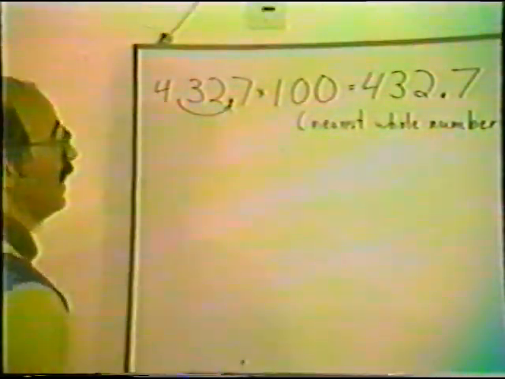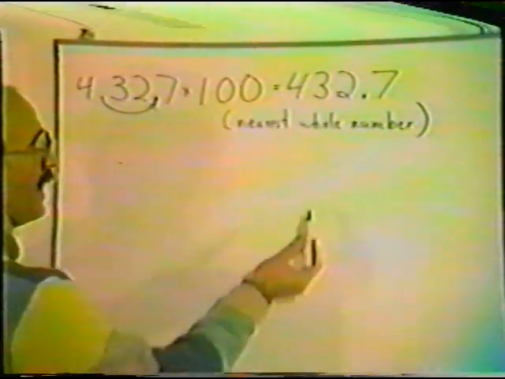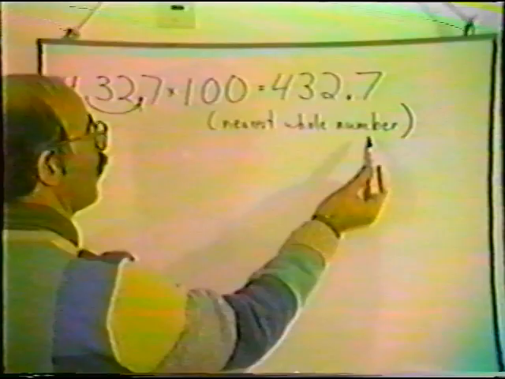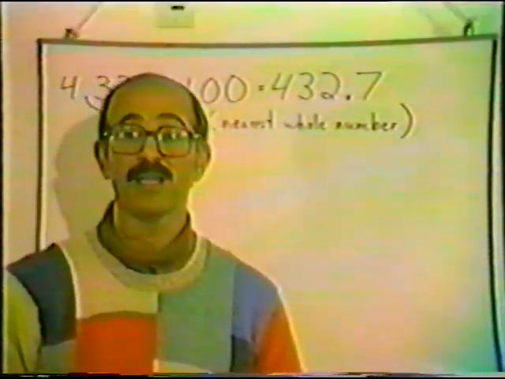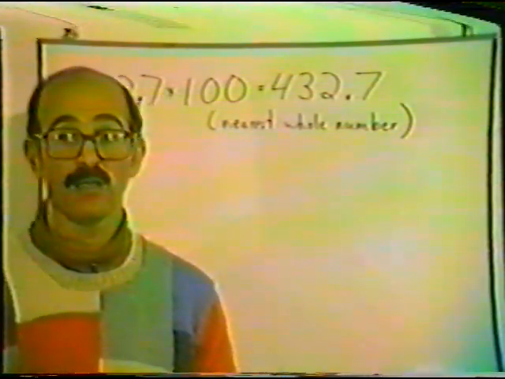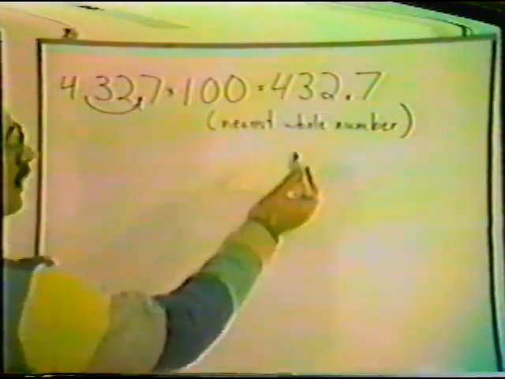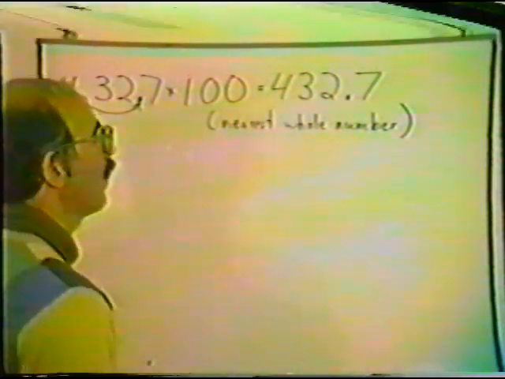432.7. Yes, but now the instructions say that we're to take that answer and round it off to the nearest whole number. Which of those numbers is in the whole number place? The 2, because the whole number place is the same thing as the ones place.